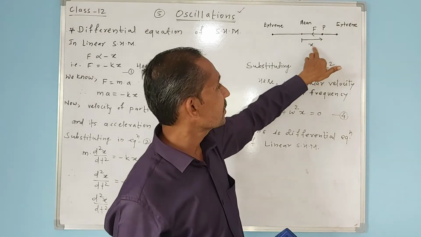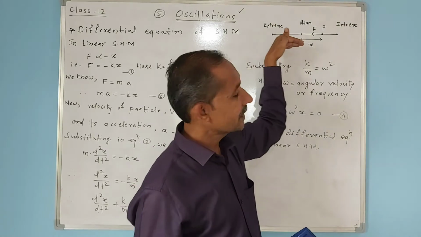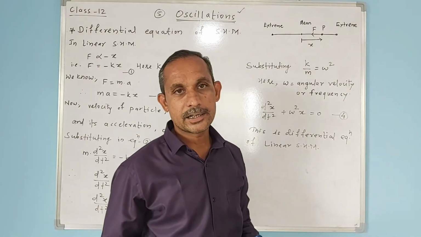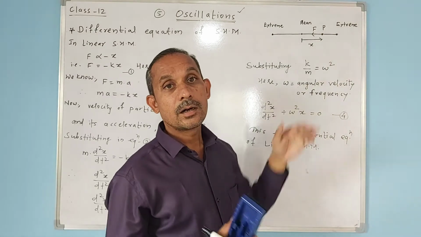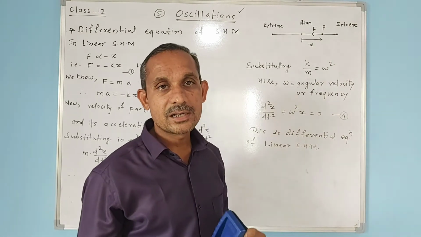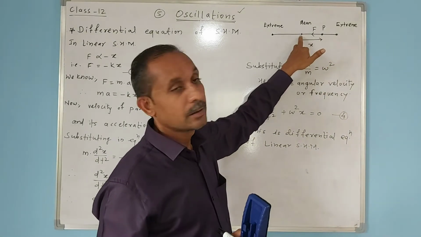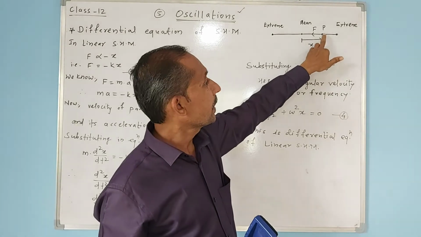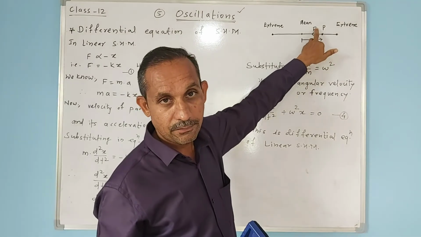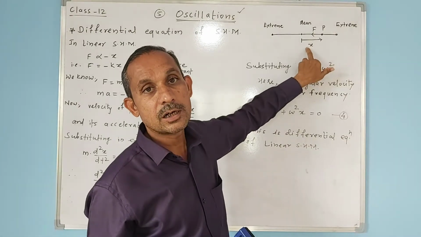Suppose that displacement is x, directed to the right. Then at position P, the particle will experience some force, directed towards the mean position. Suppose at position P the particle experiences force F.